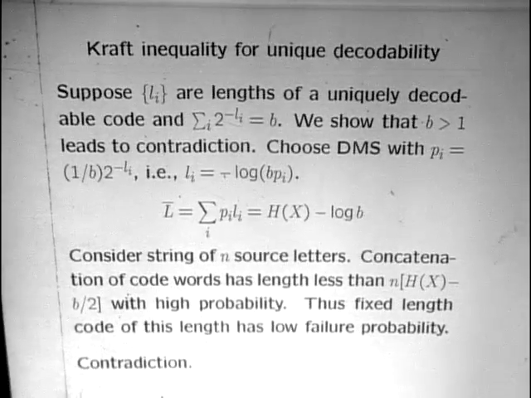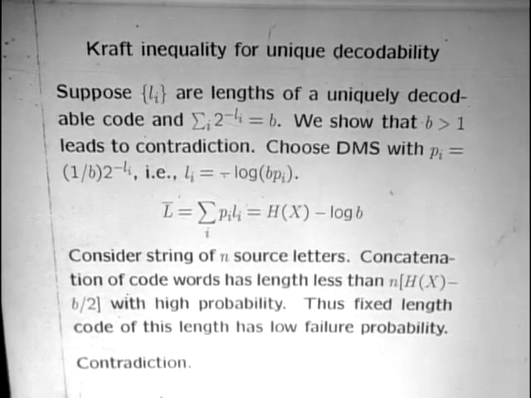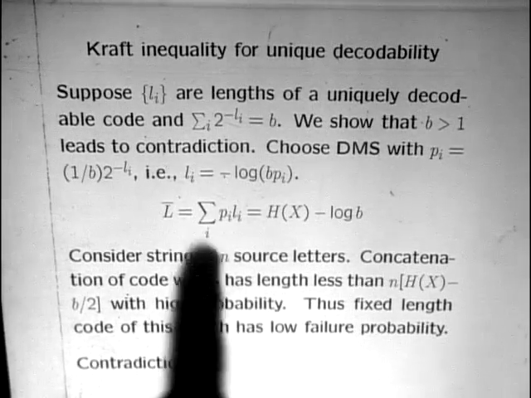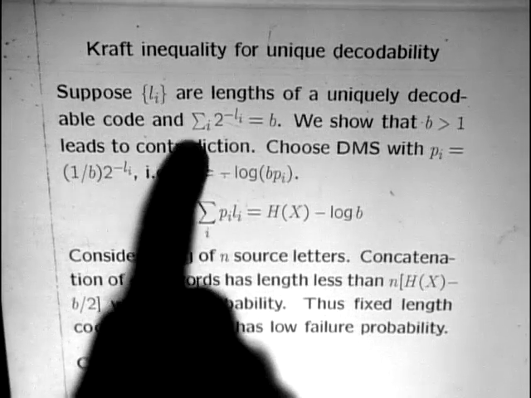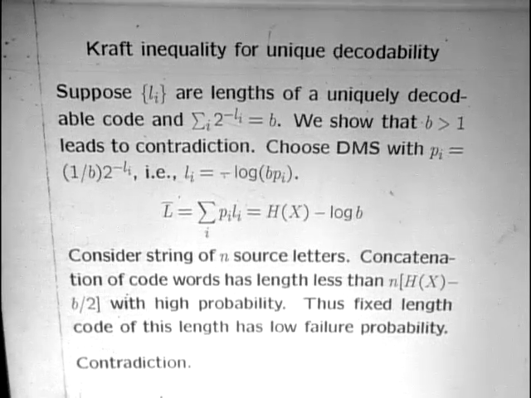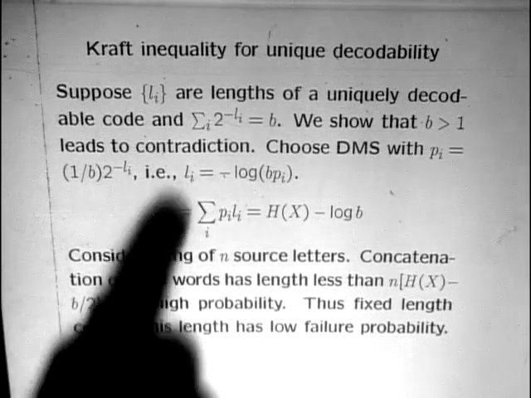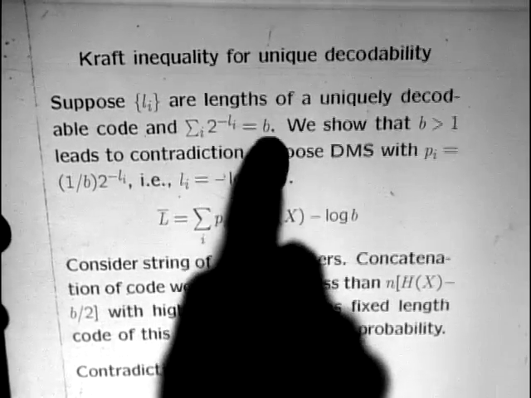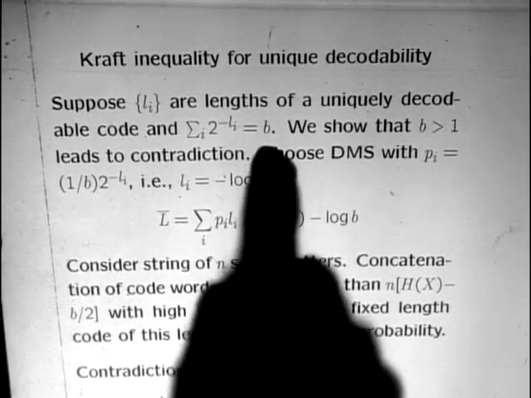Suppose you generate a set of lengths for code words, and the thing you would like to do is to assign code words of these lengths, and what we want to do is to set this equal to some quantity b.